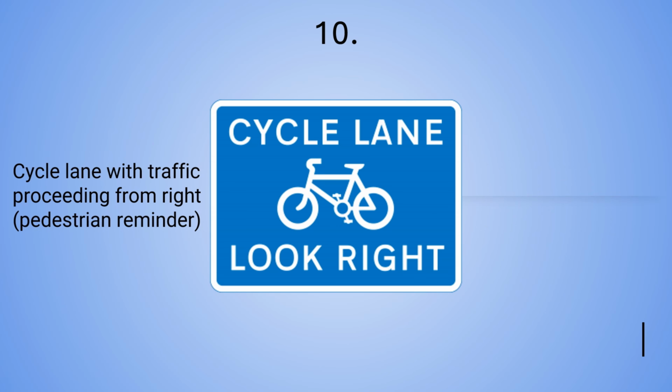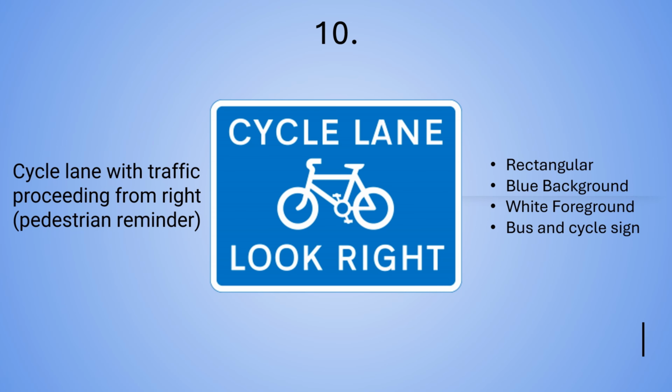Sign number 10 means cycle lane with traffic proceeding from the right. Pedestrian reminder. This again is a rectangular sign on a blue background with a white foreground. It's a bus and cycle sign, and it's almost the same as the previous sign that we've just seen.